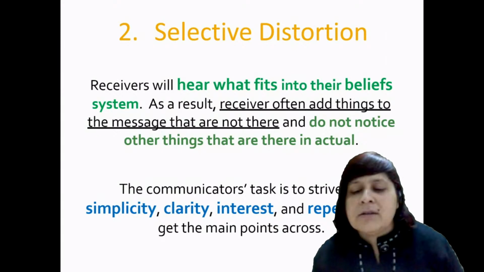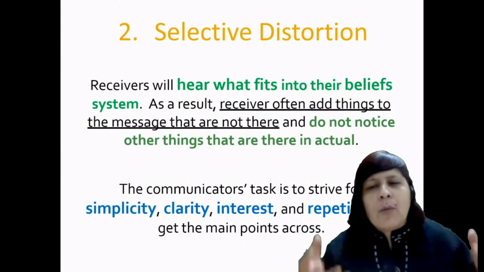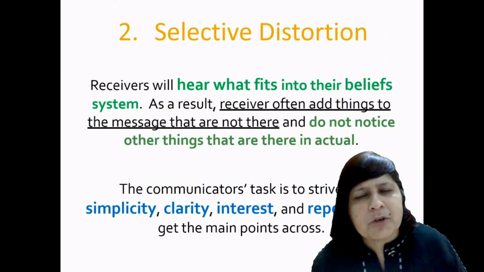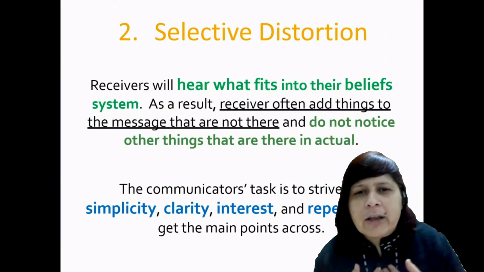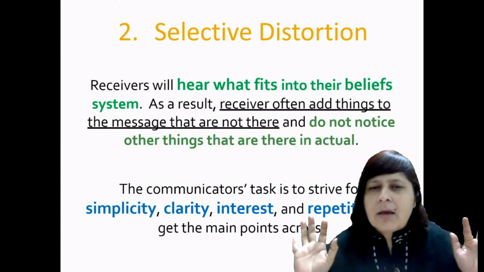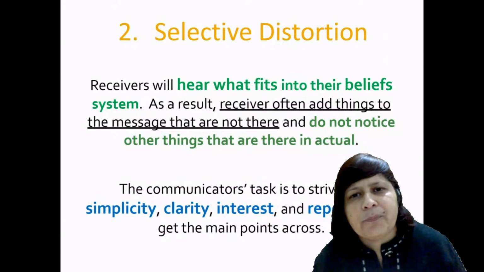As a result, the receiver often adds things to the message that are not there. So what is selective perception? I will hear what I want to hear. That is selective perception. Perception is what? My feelings, my values, my beliefs, thoughts, right? So I'll hear what fits into my beliefs and value system.